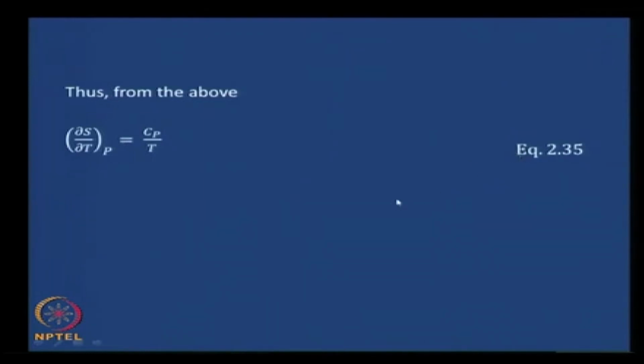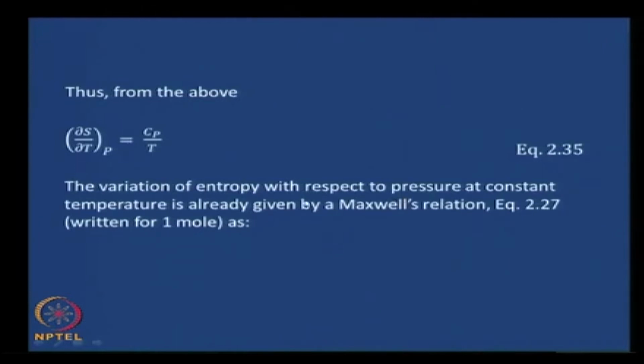So we have some more remaining. The variation of entropy S with respect to pressure at constant temperature, ∂S/∂P with T remaining constant, is actually given by a Maxwell's relation. We had written all 4 equations for 1 mole of a pure substance.